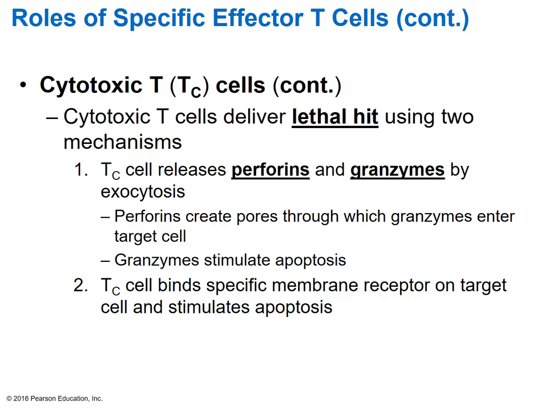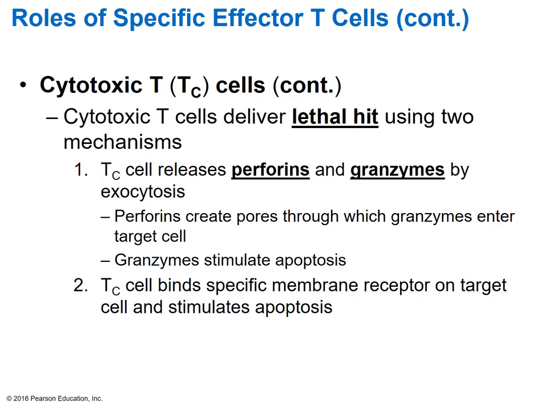So the cytotoxic T cells can kill these other cells by two mechanisms. They release perforins and granzymes. What happens here is the perforins start to create pores, and the cell that's unfortunate enough to come in contact with those cytotoxic T cells, it's going to release those perforins.